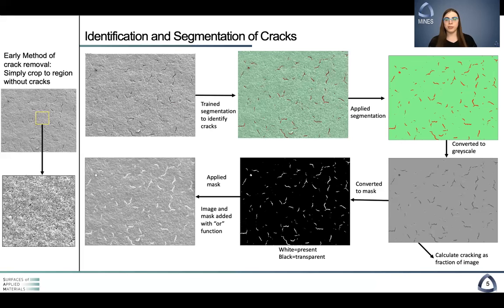With this, there are two things I was able to do. First of all, I was able to just plug this into a computer and say, count up how much of it is dark gray, how much of the image is light gray. And by doing that, I was able to figure out exactly what percent of my image was dominated by cracks.